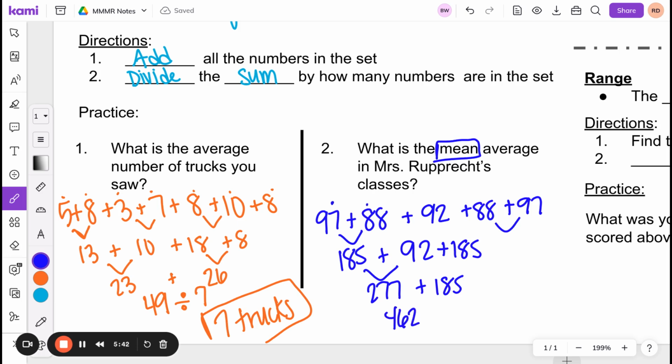And we have 1, 2, 3, 4, 5 numbers. And 462 divided by 5 equals a class average of 92.4.